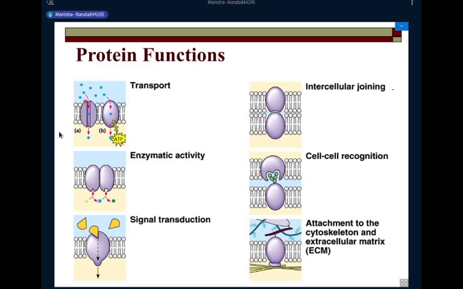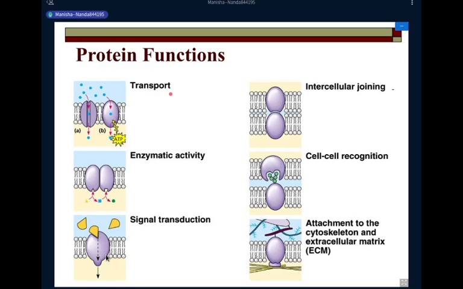Okay, let's move ahead. Now, we will be talking about the functions of the plasma membrane in detail in the subsequent classes, but I just want you to take a look at this picture, where you can see why different types of proteins are required and how the presence of different types of proteins helps the membrane perform different functions.